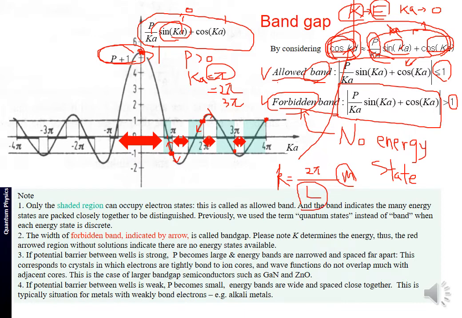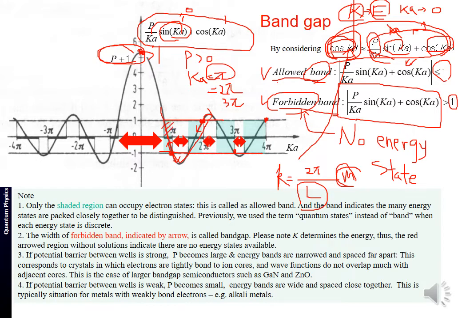The crystal scale could be pretty large, macroscopic we can say. So M starts from 0, plus minus 1. There are many different values. So our cosine Kd could be various values between minus 1 and plus 1. Within this range, cosine Kd could be assigned anywhere. And the right hand side is changing like this.